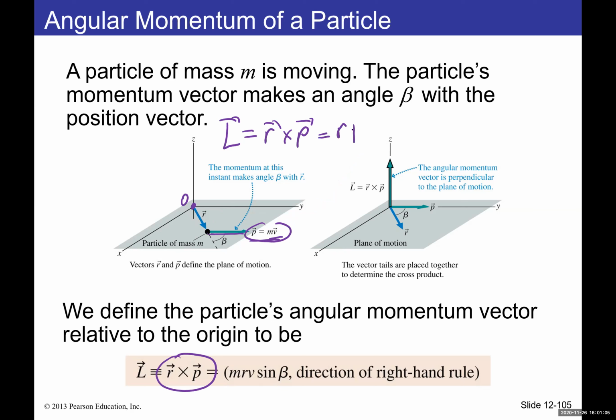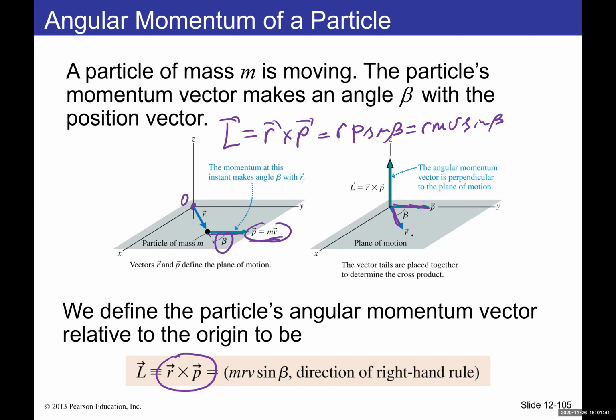If I have r and p, and the angle between them, beta, I can use this. So we can calculate the angular momentum from the distance, momentum, and angle between them. Also remembering that momentum is mass times velocity, we can put it in terms of this. But this is just a magnitude. We also need a direction, and we have to use the right hand rule. r is our first vector, p is our second vector.